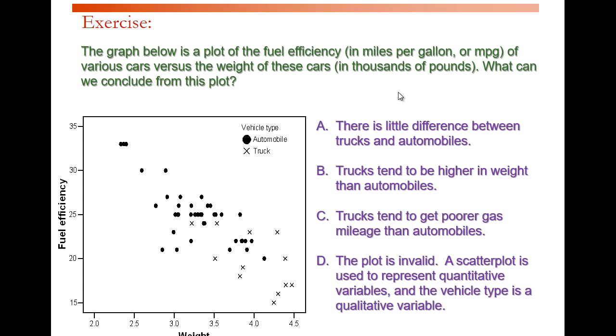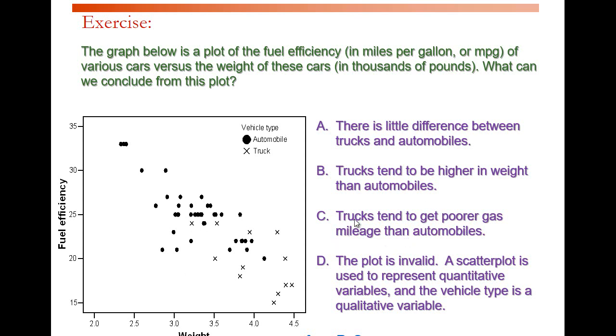Okay, so basically the answer is B and C, that the trucks tend to be higher in weight than automobiles. You can see the data points for trucks are overall to the right of the data points for the automobiles.